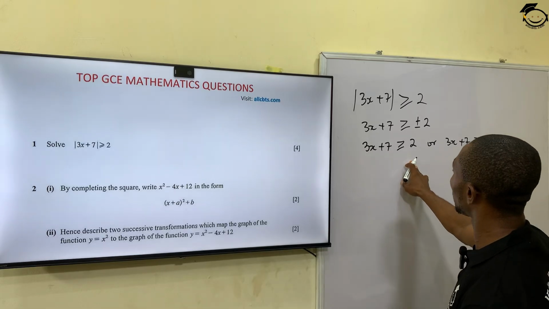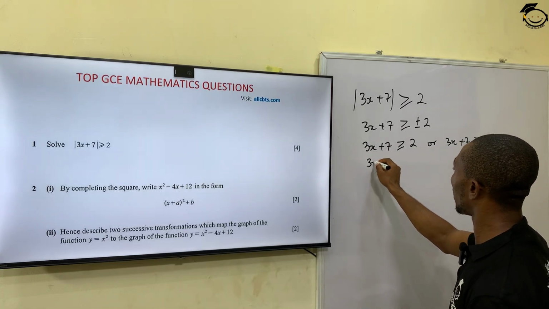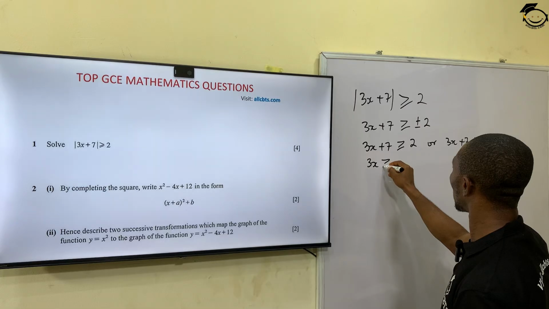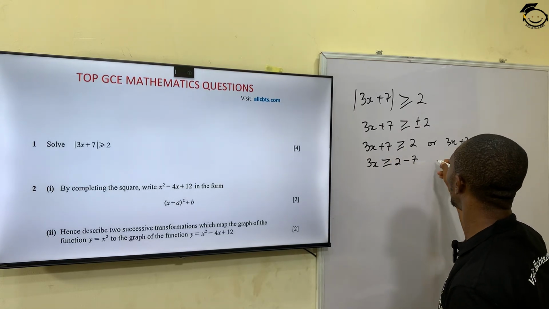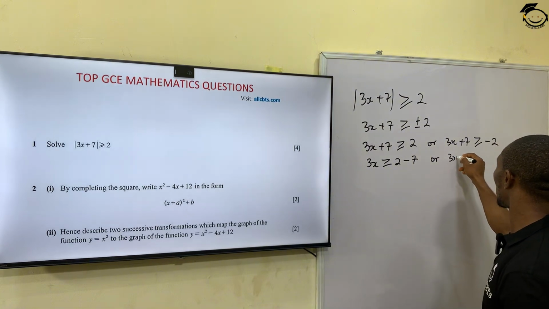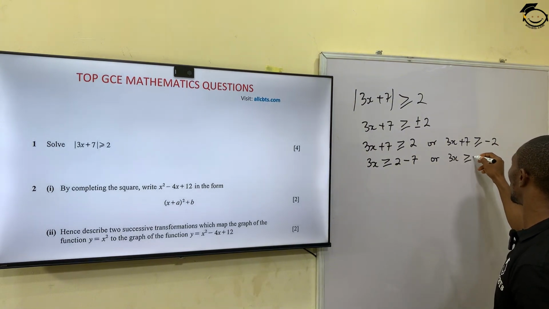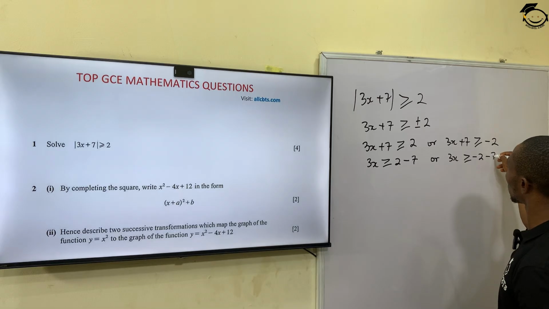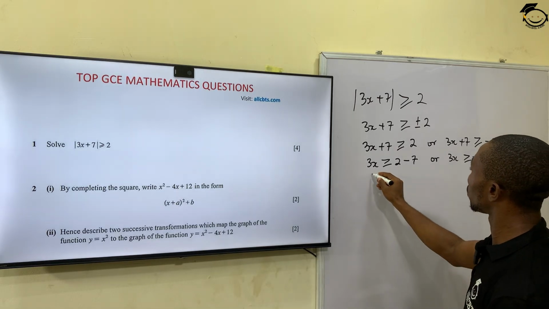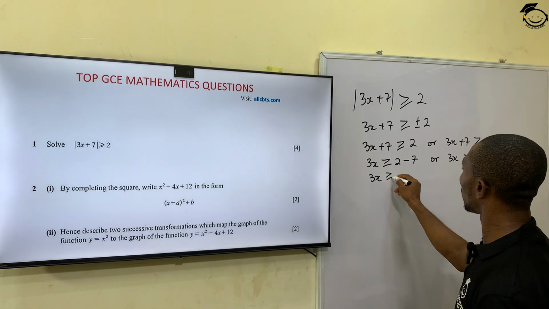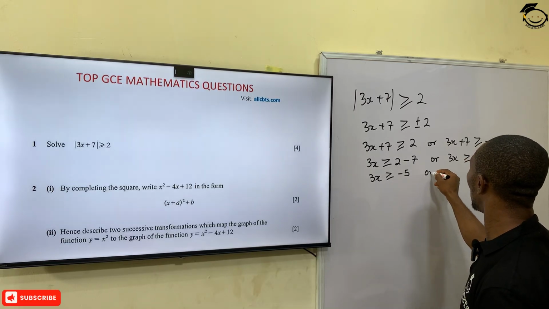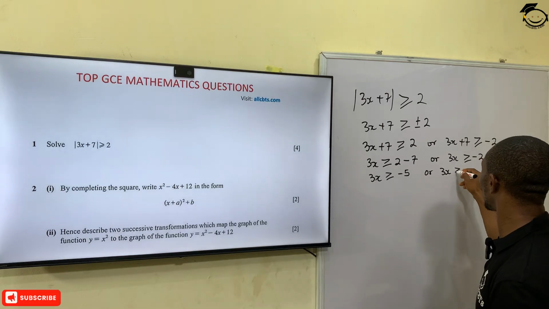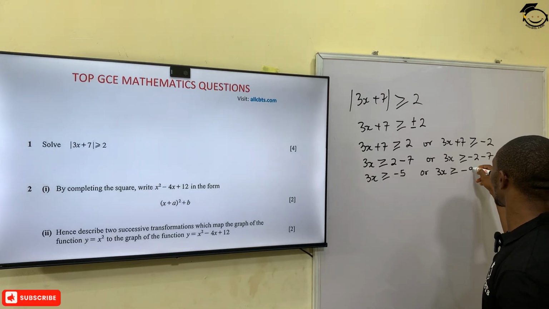Now, collecting all like terms together, we have 3x greater than or equals to 2 minus 7, or 3x greater than or equals to minus 2 minus 7. Now, this will give us 3x greater than or equals minus 5, or 3x greater than or equals minus 9.